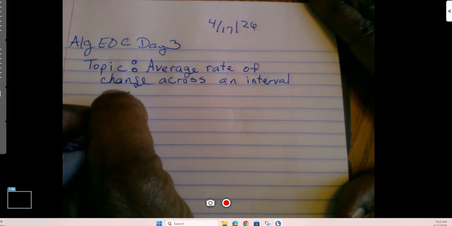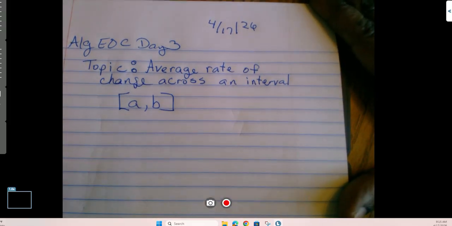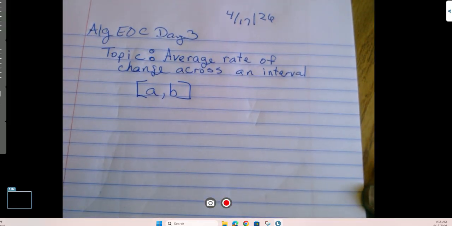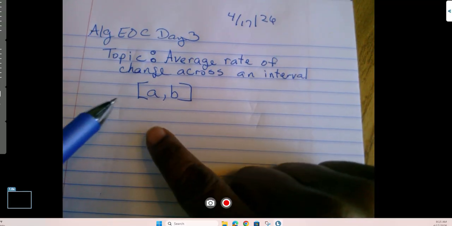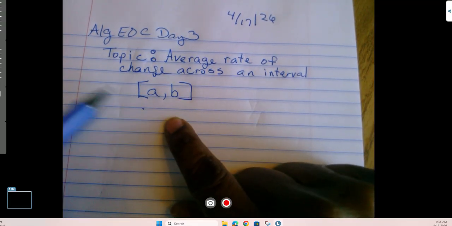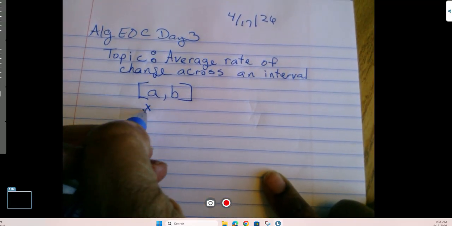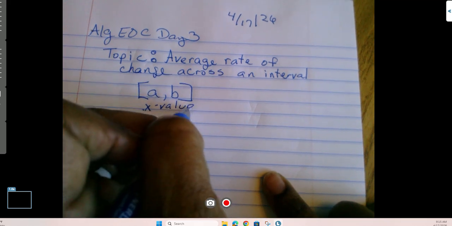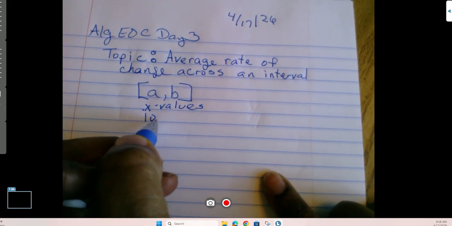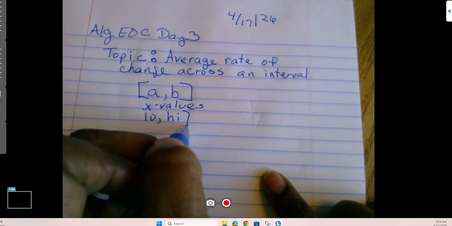The interval is represented with brackets A and B. Both of these are x values, okay? These are x values. Typically, this will be your low number, and this will be your high number.